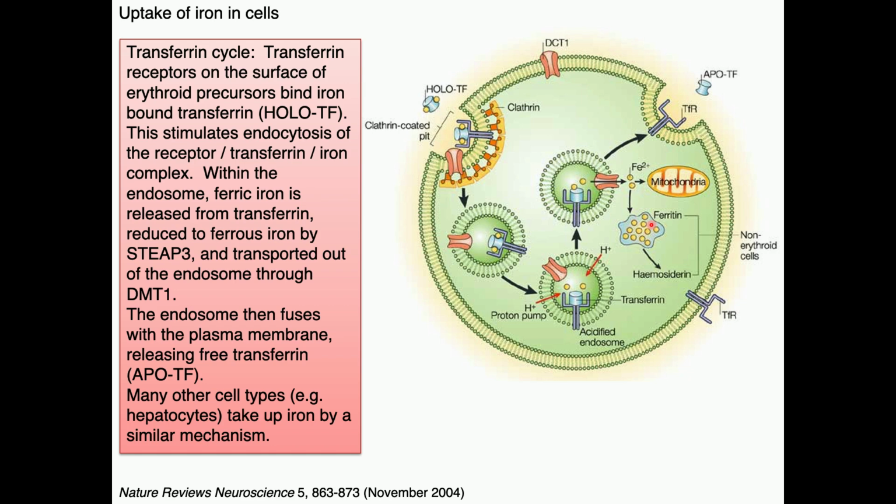And in hepatocytes, because the liver is the storage organ for iron, they have this other form called hemosiderin, which is a bigger aggregation of the ferritins that is the labile pool of iron that can sustain iron homeostasis in the absence of dietary iron.